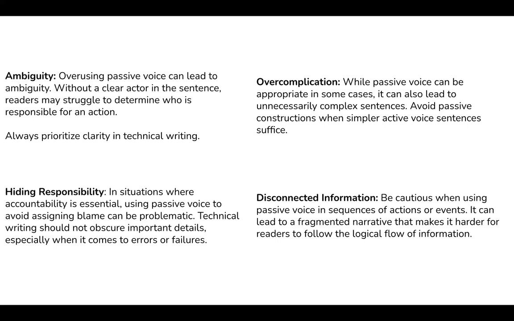Should the reader perform the action? Is the action already done by default? Always make it clear who is performing which action, so they are not lost at some point wondering, am I supposed to do this, or should I just leave it out, right? Using passive voice might cause you to give out disconnected information, and you don't want to do that in most cases, especially in technical writing.